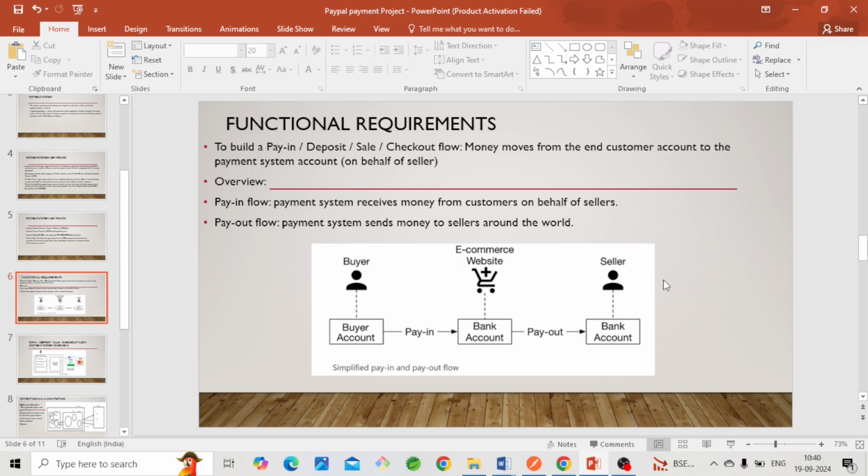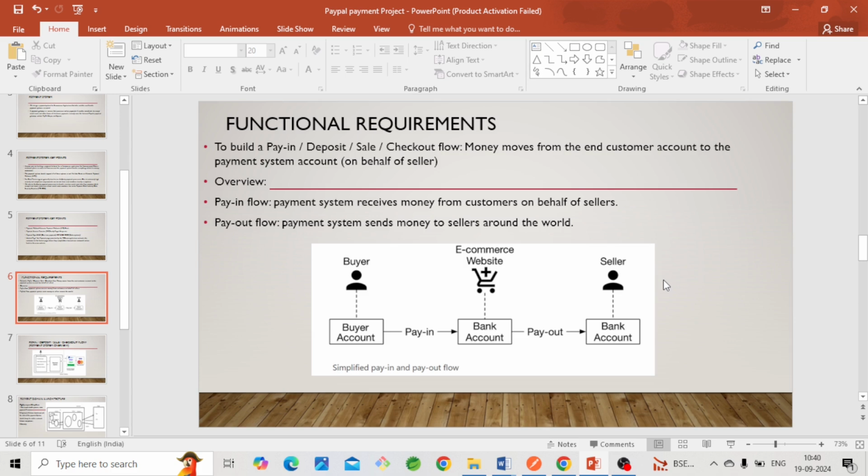On Amazon.com, when the customer wants to buy any product and clicks on the pay button, the customer is redirected to a hosted page which is provided by PayPal. After completing the page, the money is deducted and the money is with the PayPal system only.